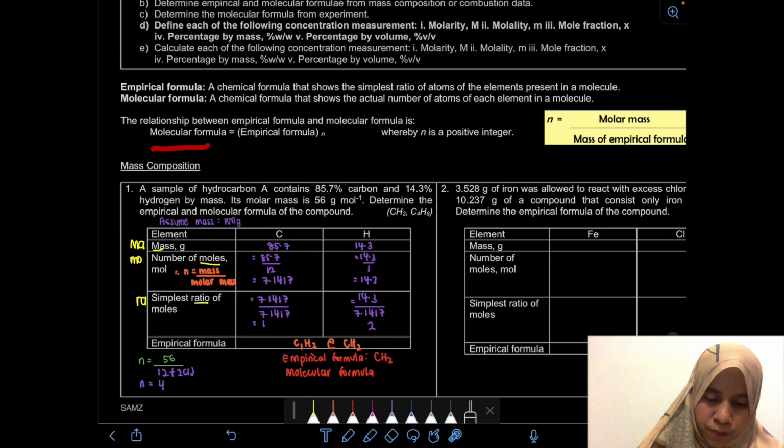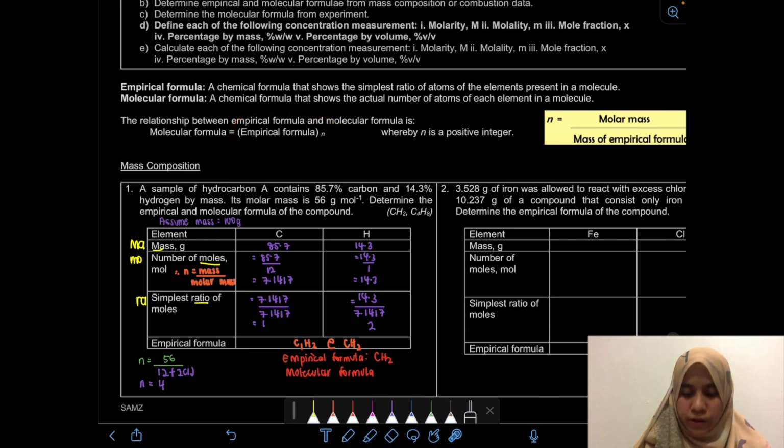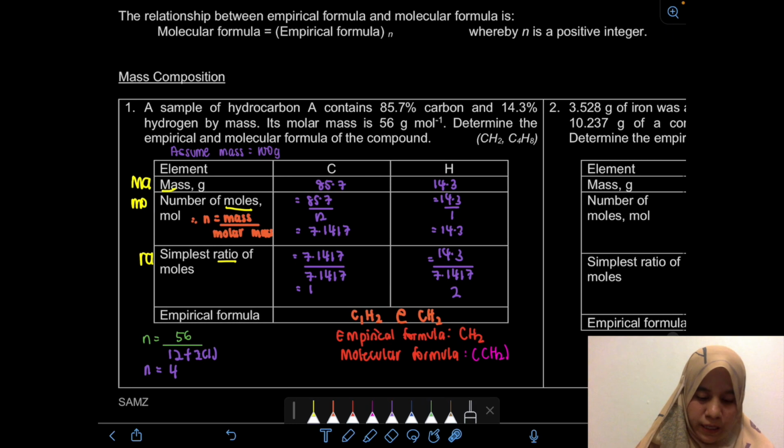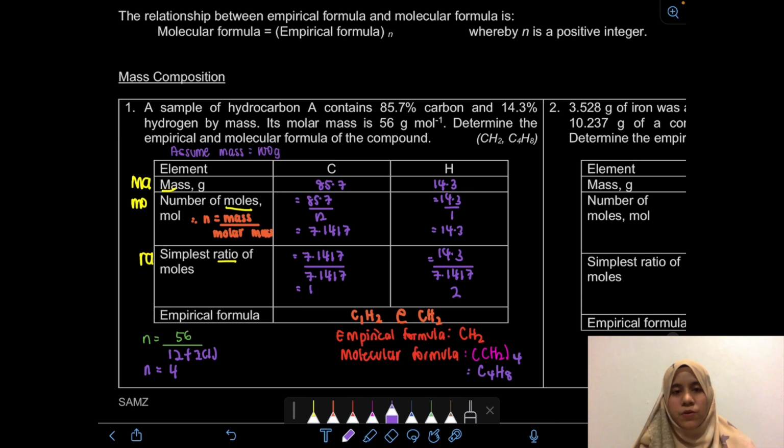Molecular formula is equal to empirical formula, and in bracket it's N. Okay, so dekat sini (CH2)N. Tapi N kita dah tahu kan, N is equal to 4. So kita tahulah, maka the molecular formula is C4H8.